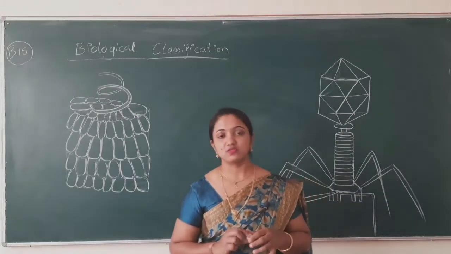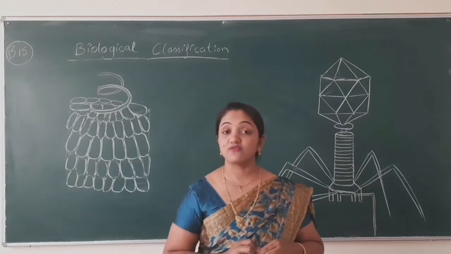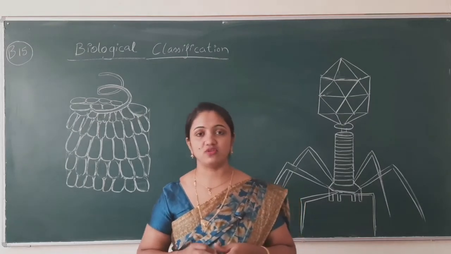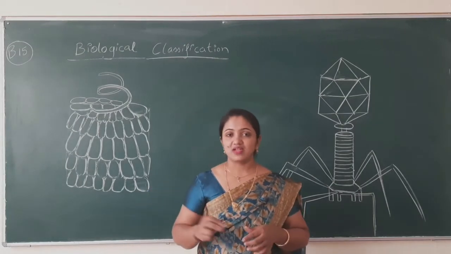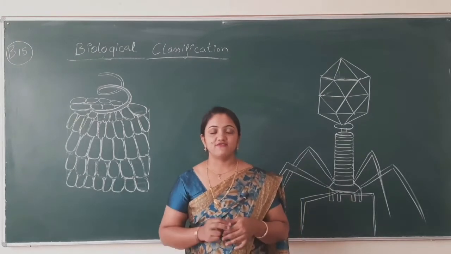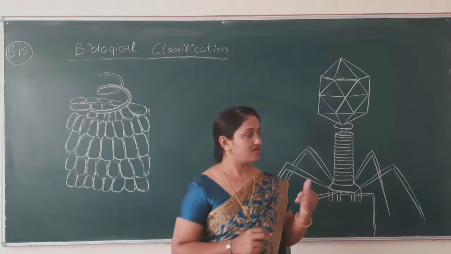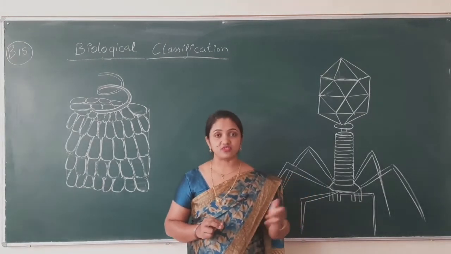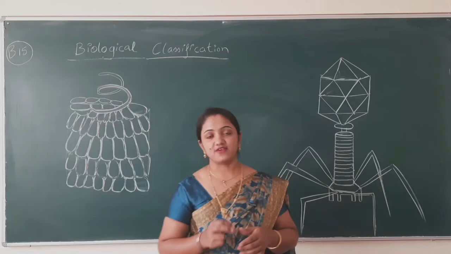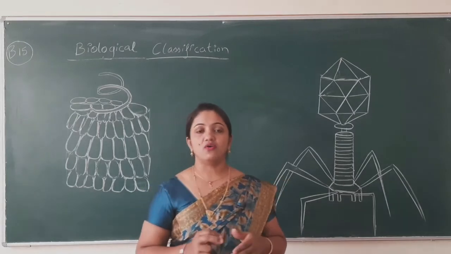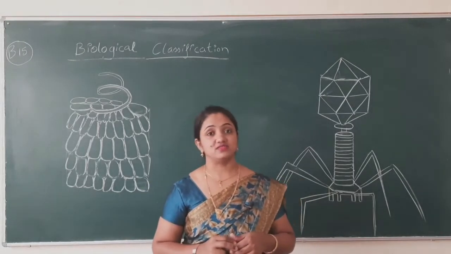So these two are incomplete diagrams. Why so? Because I have not labeled these diagrams. Let us study a few descriptions of the TMV and then the bacteriophages. Before this, we have completed the viruses. What are the types of viruses?